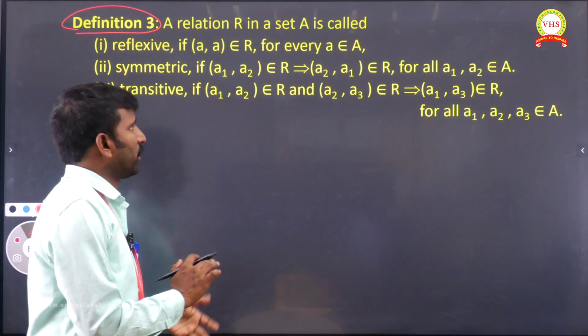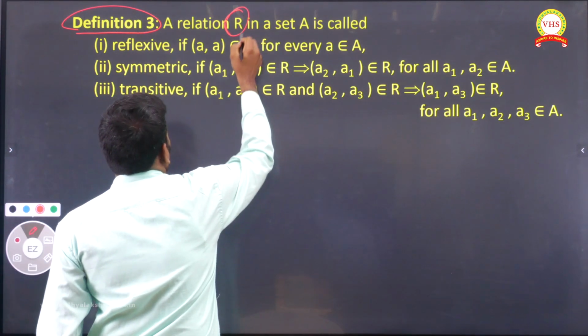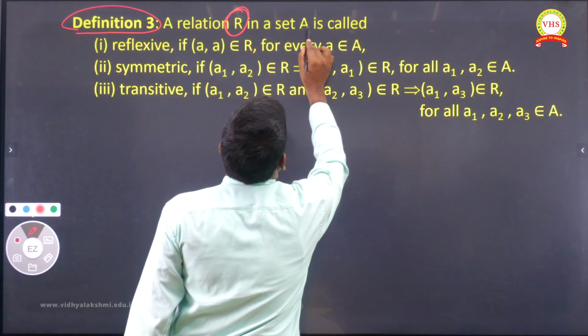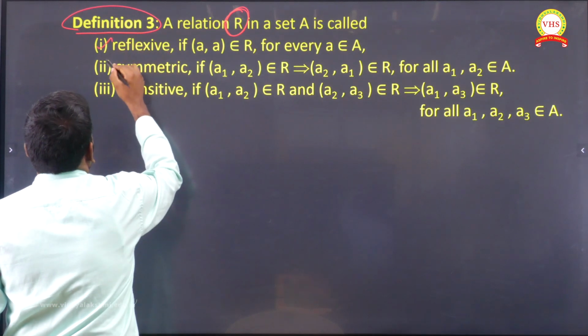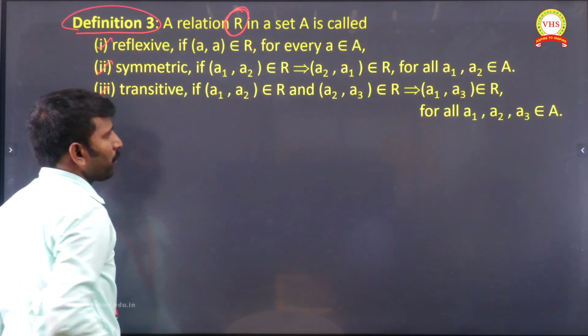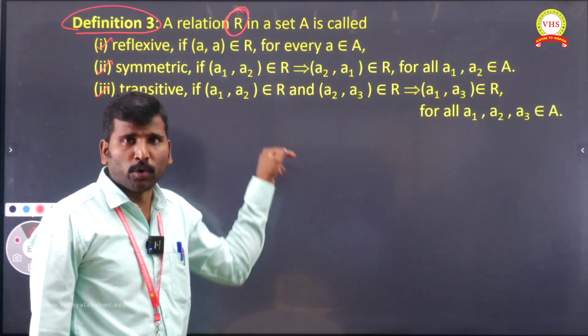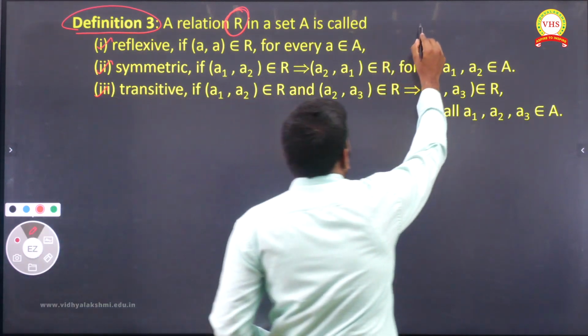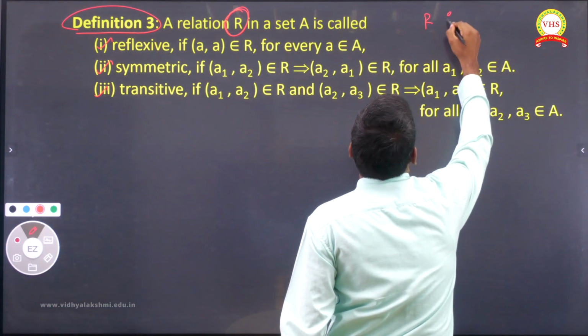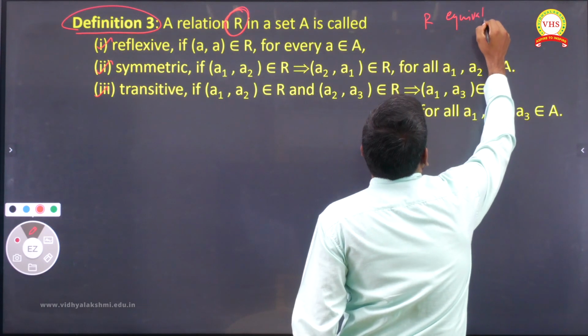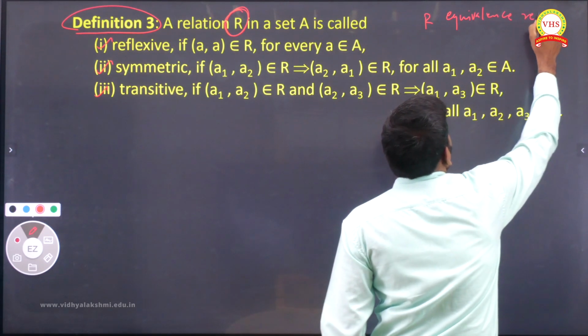Here, definition number 3 is what? A relation R in a set A is called reflexive, symmetric, transitive. Before going into this, you want to read about R being an equivalence relation.